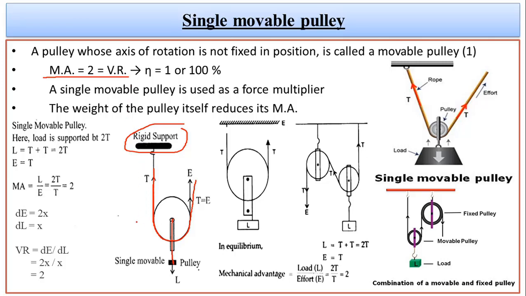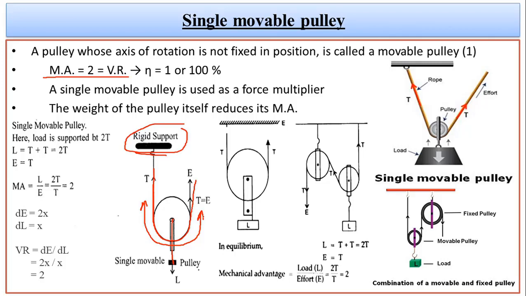This is because of the arrangement of the pulley along the strings. Here, the pulley gets balanced through both ends of the string. One side of the string is attached to the rigid surface and the other side of the string is free to apply the effort.